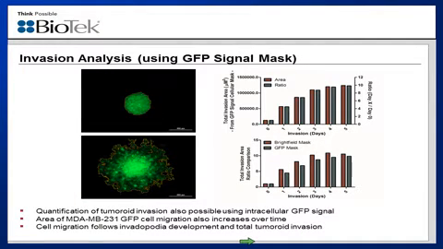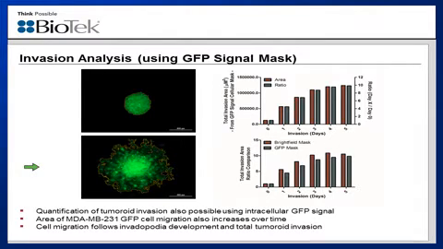The same types of cellular analysis performed using the Brightfield signal to draw the object mask can then also be performed using the GFP signal. Again, we see images captured on day 0 and day 5 with the object mask automatically drawn.